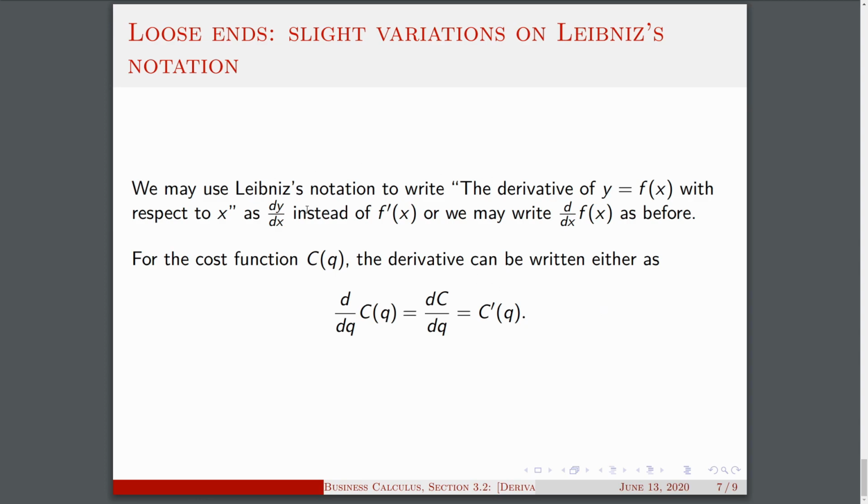But just so you know, whenever you have a function y, which is a function of x, you could see the derivative written as dy dx, or the derivative of y with respect to x. But it means f prime of x. It all means the same thing.